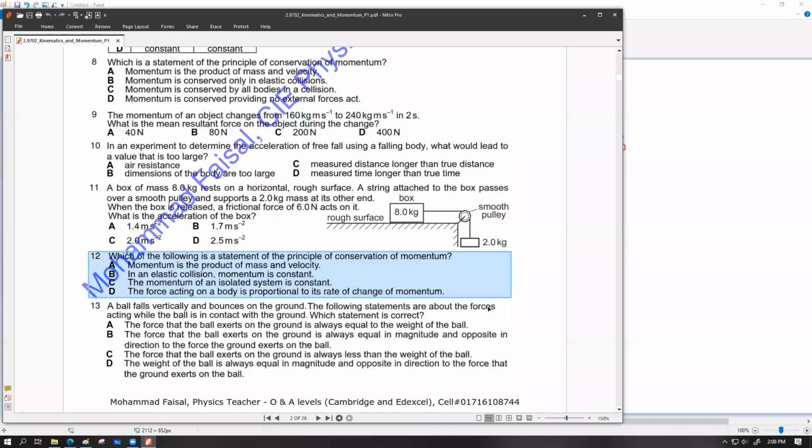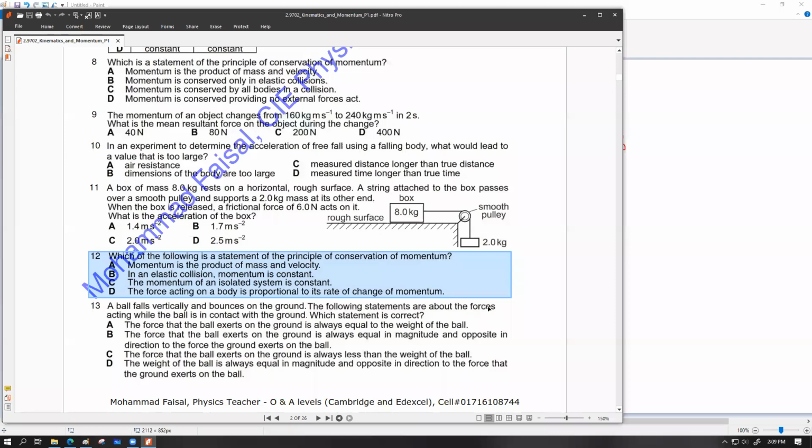Closed system means they are the only things which exert force onto each other. The colliding bodies are not experiencing any external force other than themselves. So which of these provides this information? I think C pretty much holds the gist of the information. The momentum of an isolated system is constant. That looks good.